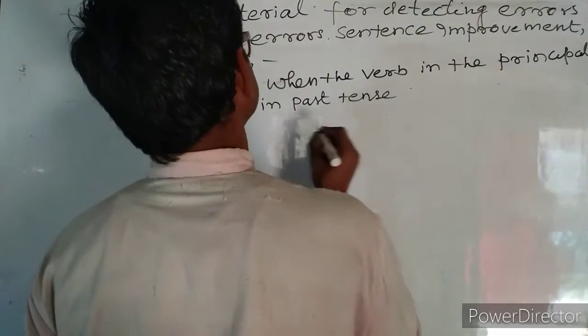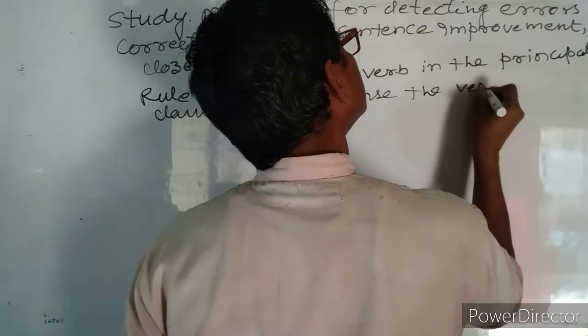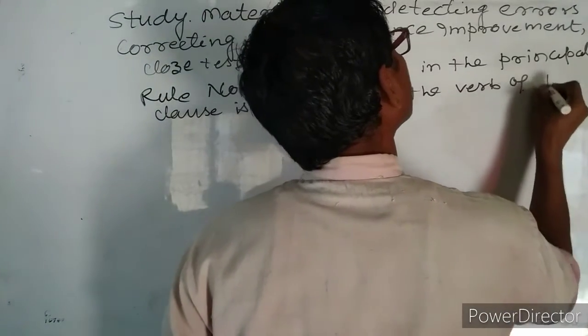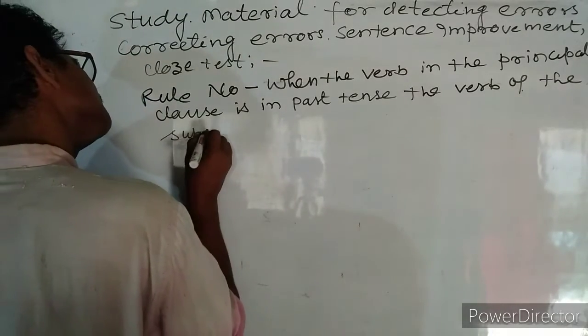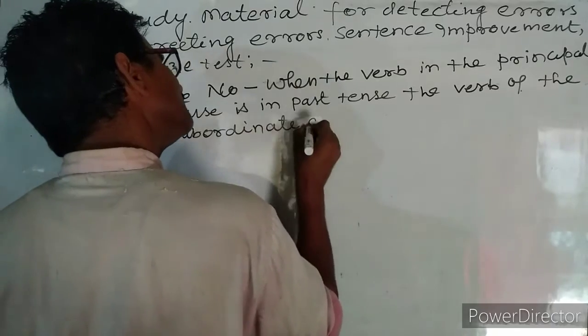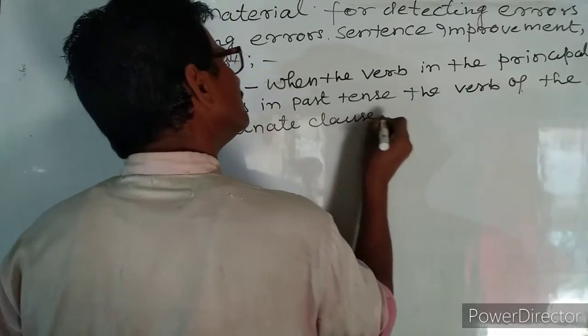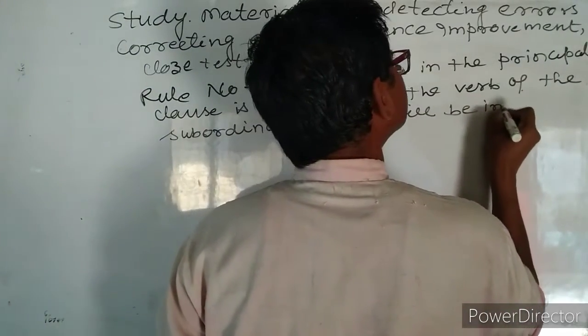The principal clause is in past tense. The verb of the subordinate clause will be in past tense. When the principal clause is in past tense, the subordinate clause will be in past tense.